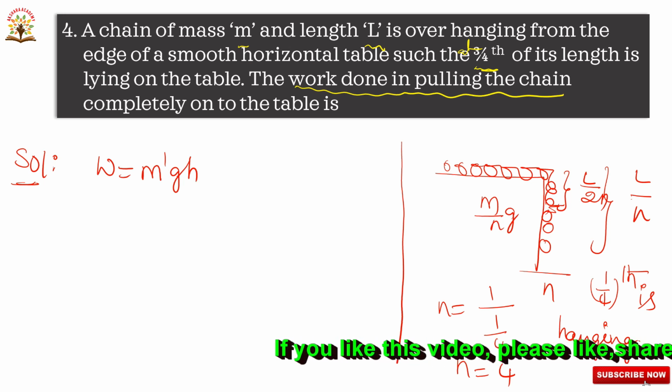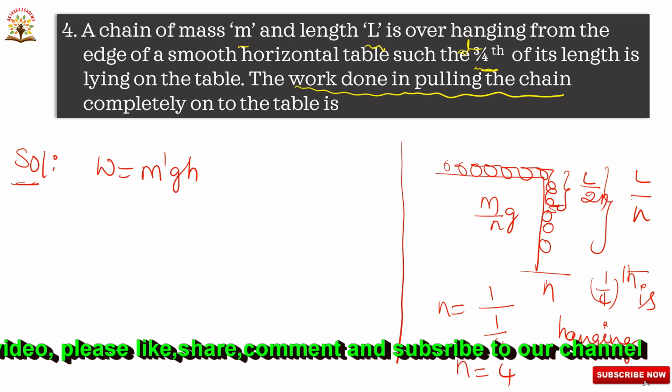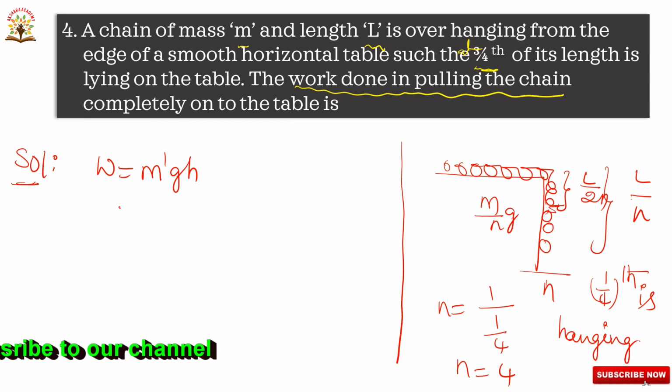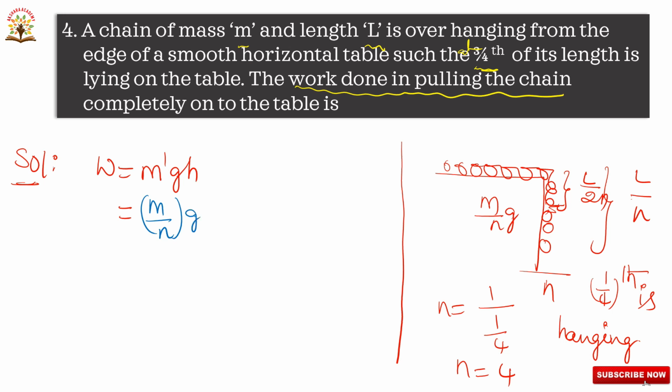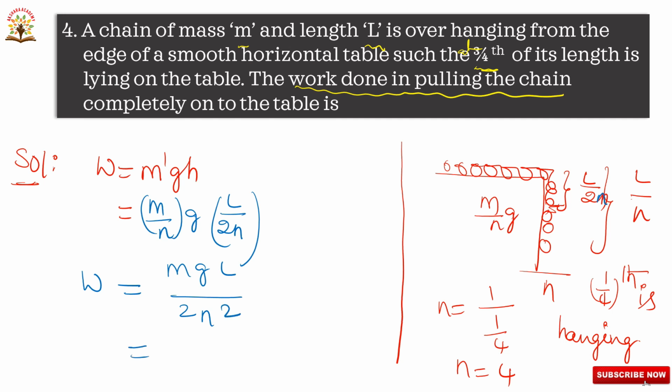Now this is n here. Now W equals M dash G H. This M dash can be written as M by n of G into height L by 2n. So now work done W equals M G L by 2 into n square. That equals M G L by 2 into 4 whole square.